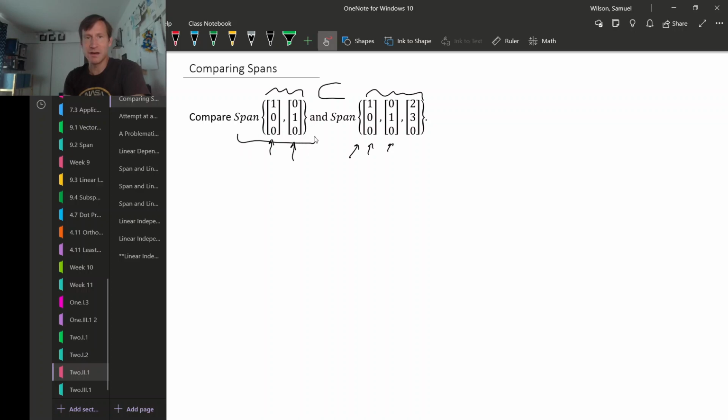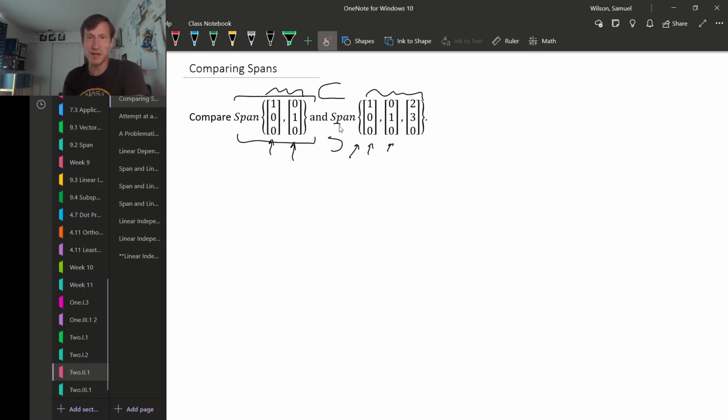This span of 1, 0, 0 and 0, 1, 0 is the smallest vector space containing these two vectors. Well, here's another vector space containing these two vectors, 1, 0, 0 and 0, 1, 0. And so the span of just these two must be contained because it's the smallest such subspace.